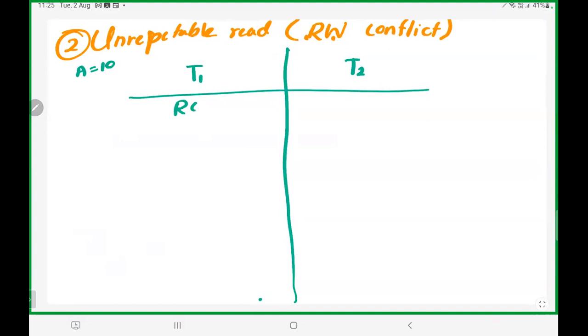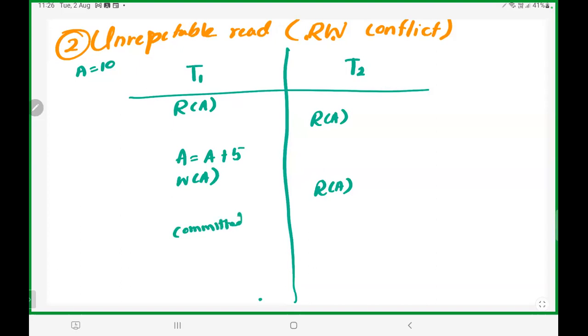T1 reads A. Next, T2 also reads A. Then T1 adds something to A, then writes A. Then again T2 reads A. Then T1 commits.